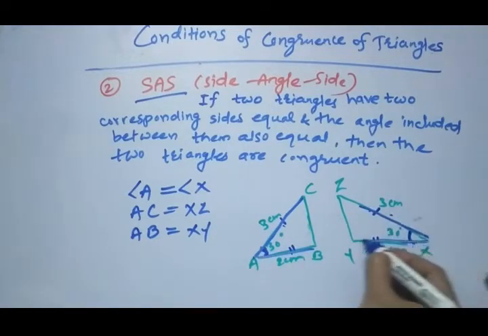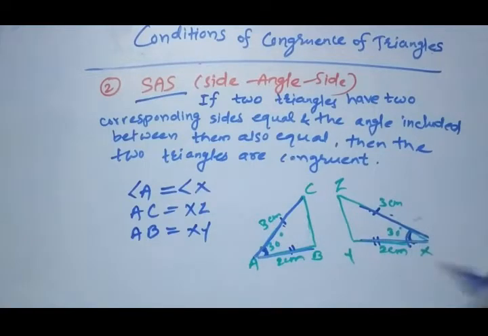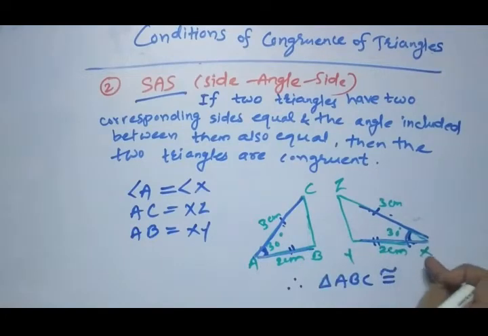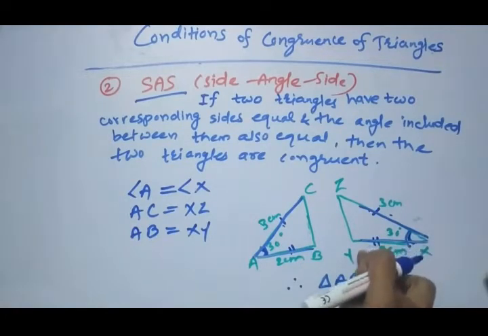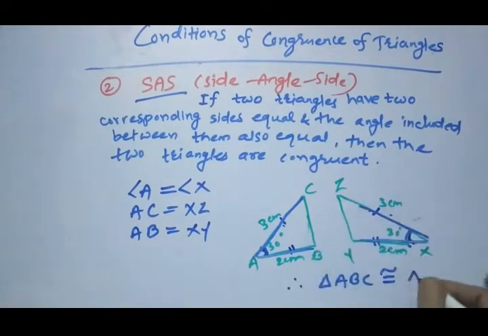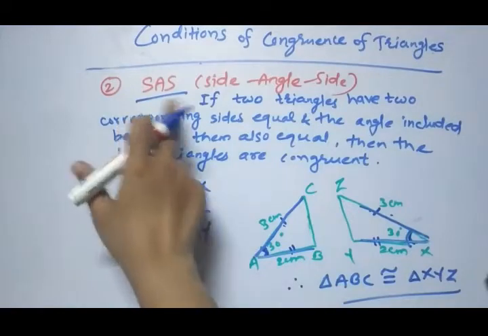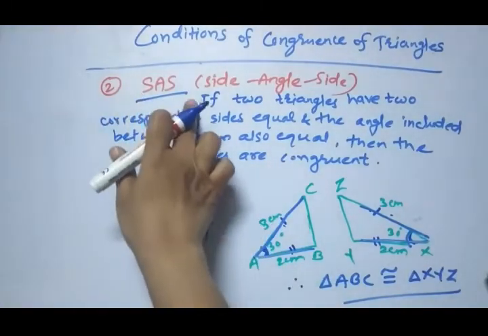These two sides and one angle included between them, they are corresponding here. So you can say that triangle ABC is congruent to this triangle XYZ. So these two triangles are congruent by using the condition side angle side.